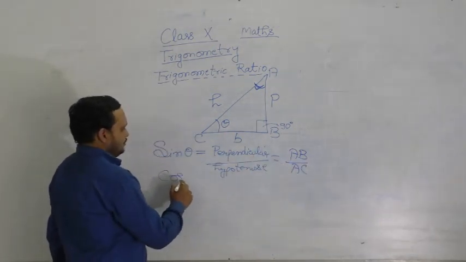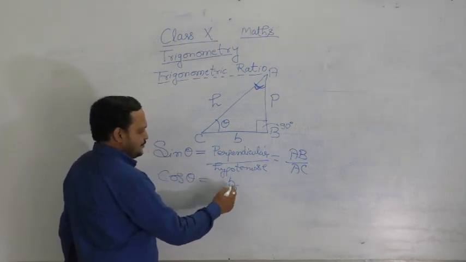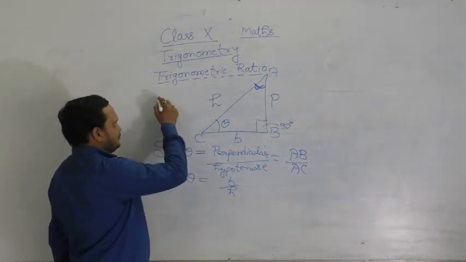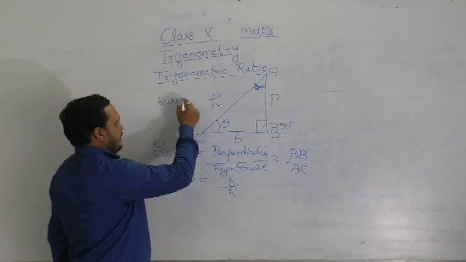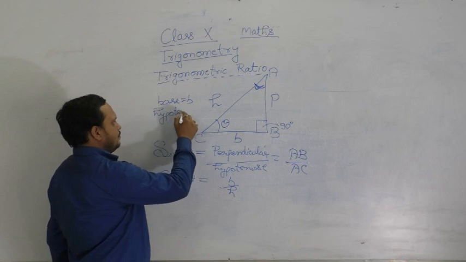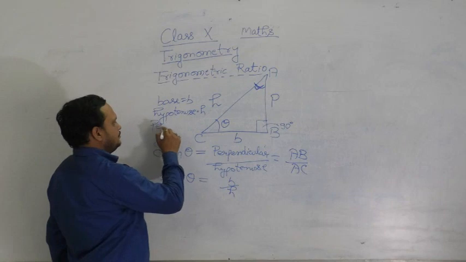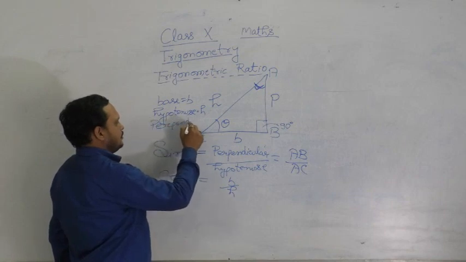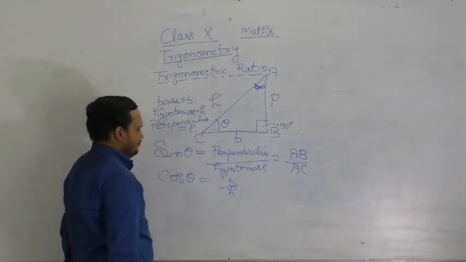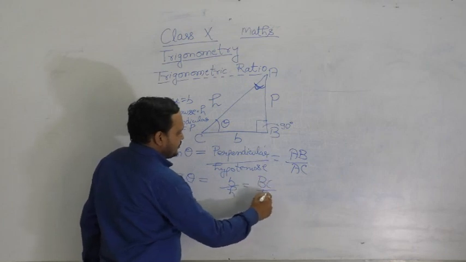Now come to cos theta. Cos theta is base by hypotenuse. We can write base as B and hypotenuse as H, and perpendicular as P. Here the base is BC and the hypotenuse is AC.